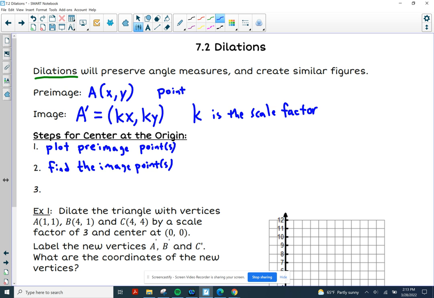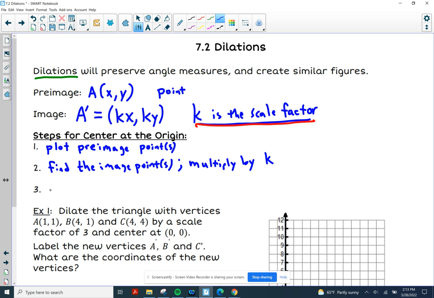Usually there will be more than one. And we do that by just multiplying by the scale factor. You will be given a scale factor. Remember, K is the scale factor. So we're going to multiply by the scale factor, both the X and the Y, as it says up above.